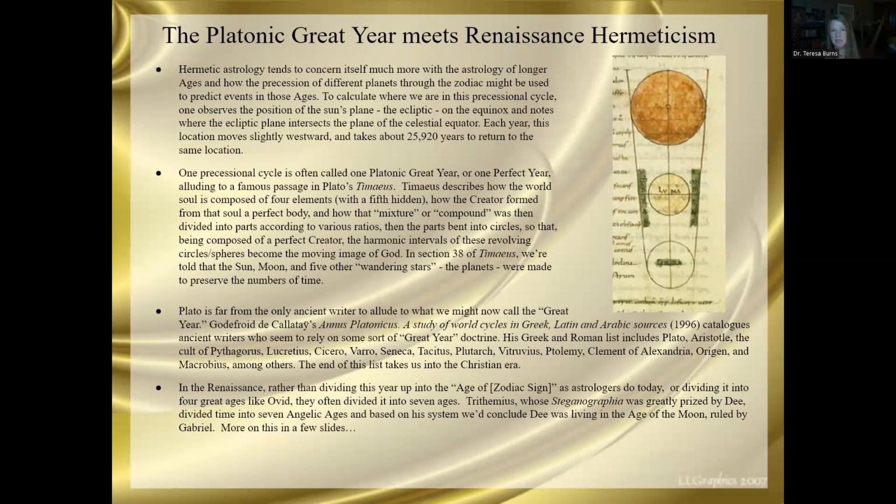So you have the age of Pisces, often symbolized by a fish. Some people have said that's why you get a fish with Christianity. That's partially true. And then you'd go age of Aries, age of Pisces, age of Aquarius that way.